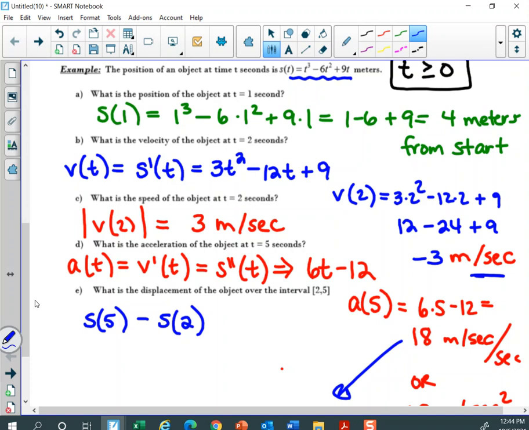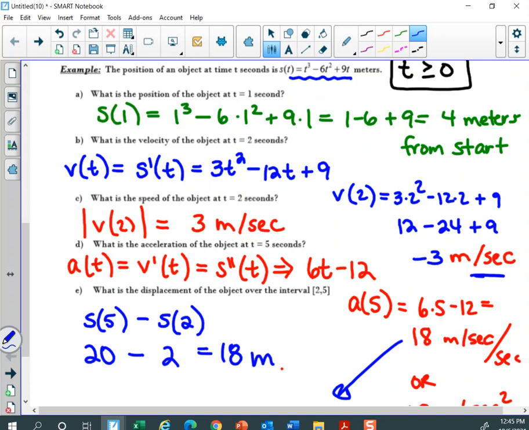Oops, I don't know what's going on here. Cubed minus 6 times 5 squared. So this is 20 minus 8, equals 18 meters.